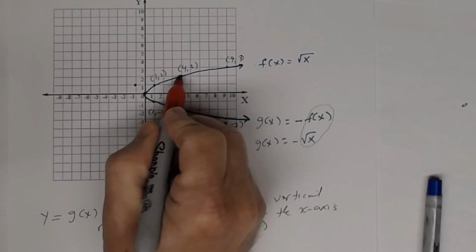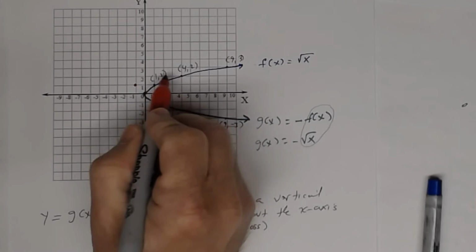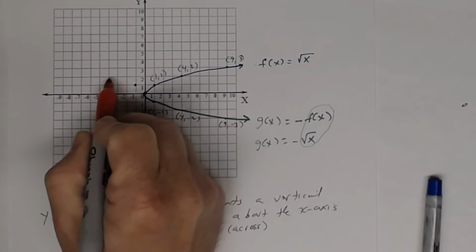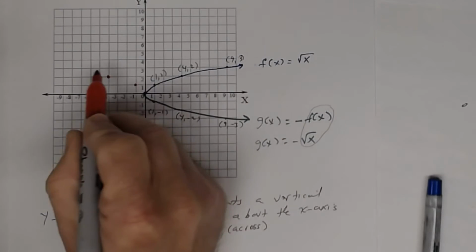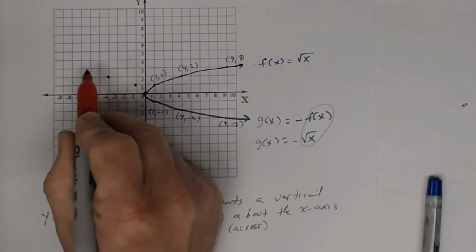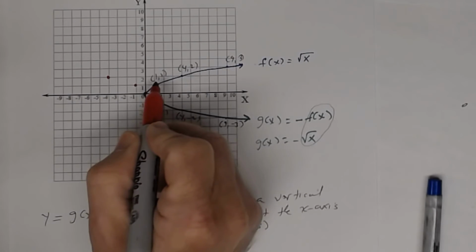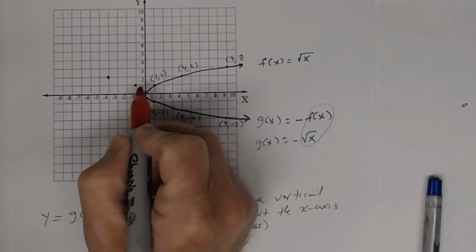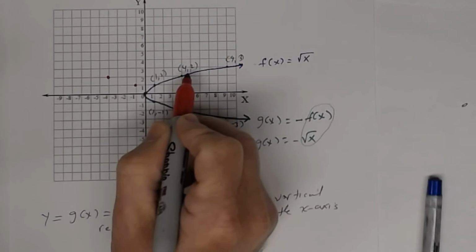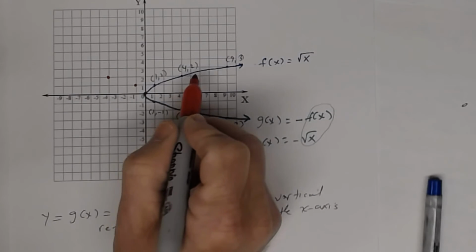And then (4, 2), when I reflect it about the y-axis, becomes this point right here. And then (9, 3), when I reflect it about the y-axis, remember those distances have to stay the same. 4 units, 4 units, 1 unit, 1 unit. When I say distance, I mean distance from, in this case, the y-axis.